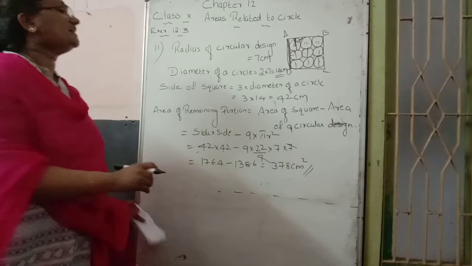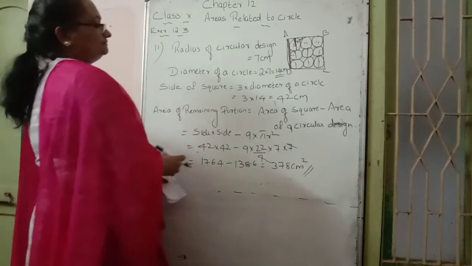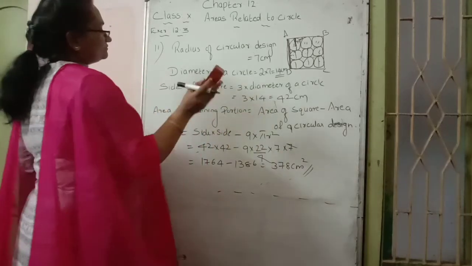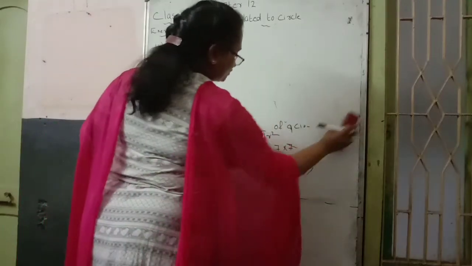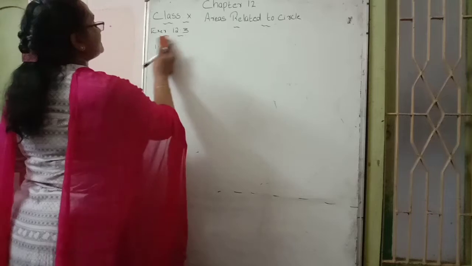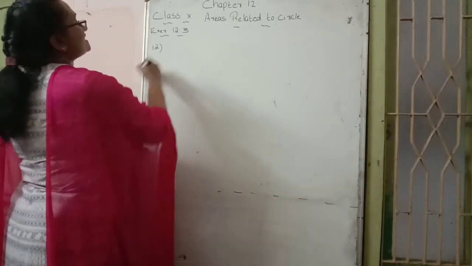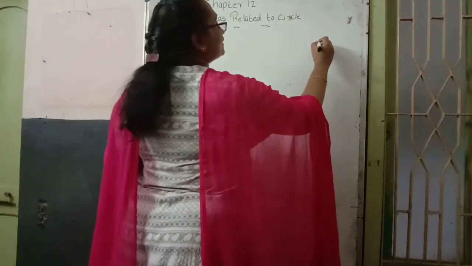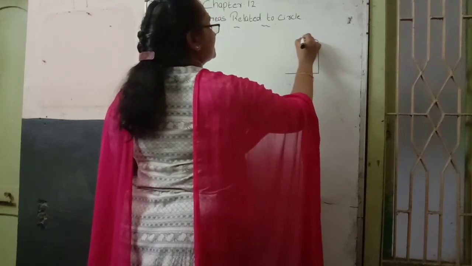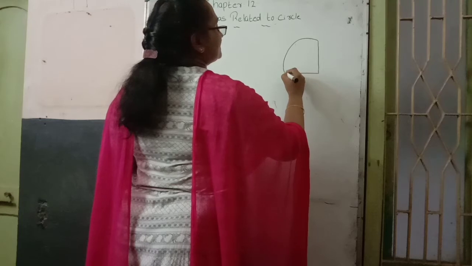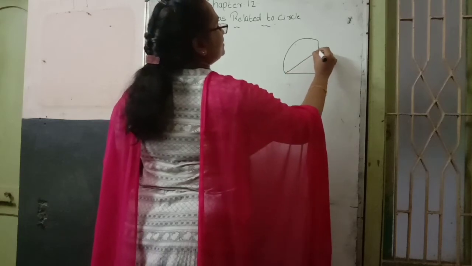I hope you can understand this question. Then next step, one more question, the 12th question. The 12th question tells about one quadrant, quadrant in this way, and it is cut by a triangle.